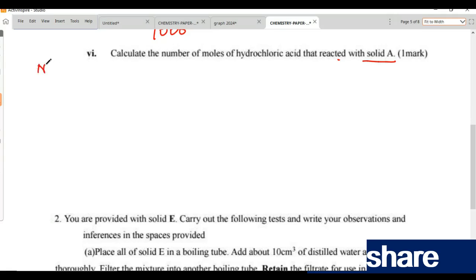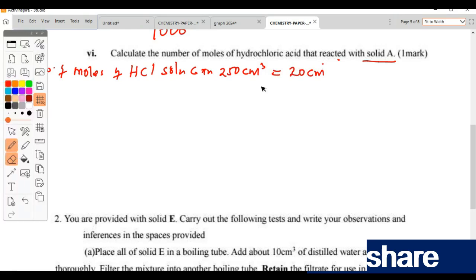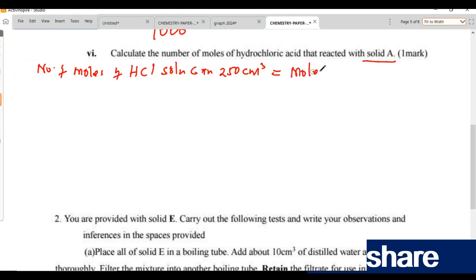Now we have the number of moles of HCl solution C in 250 centimeters cube will be equal to the moles in 20 centimeters cube solution B that remained after reacting with solid A. So number of moles of HCl in solution C in 250 will be equal to the number of moles in 20 solution B that remained after reacting with A.